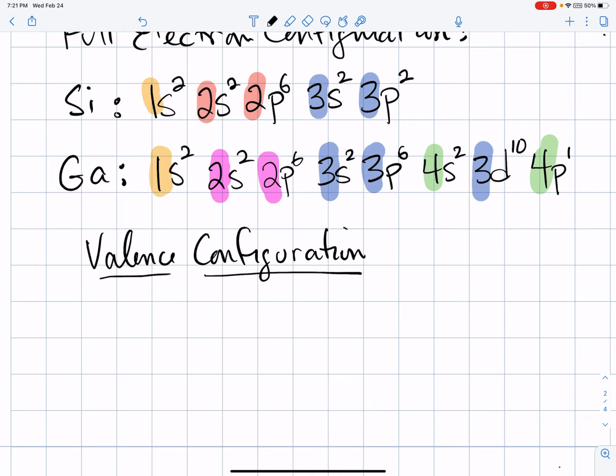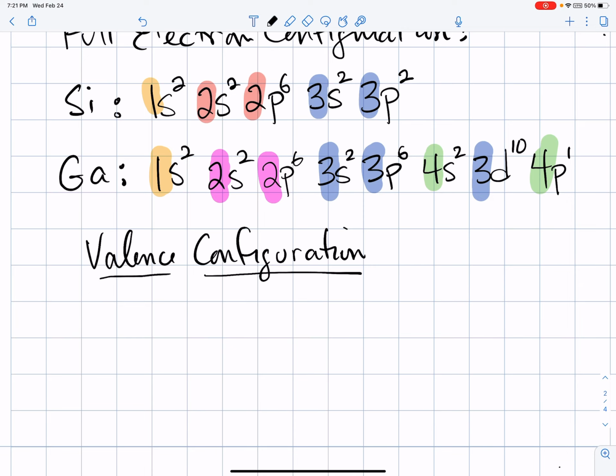If you don't know that, you'll want to write it down. Valence electrons are the electrons that are in the highest energy level within the atom. So if we're looking for the valence configuration, we want to write the part of the full configuration that is in the highest energy level.